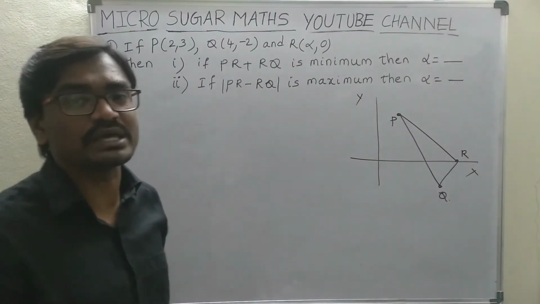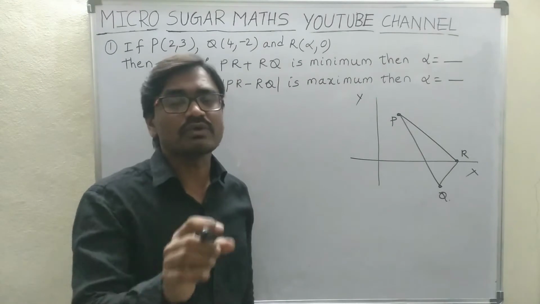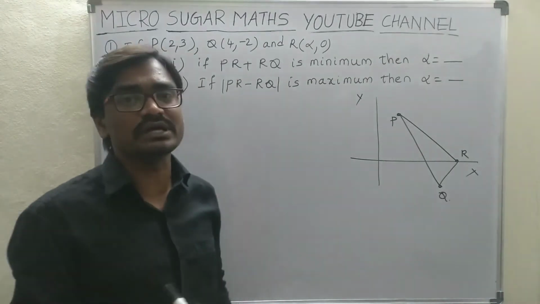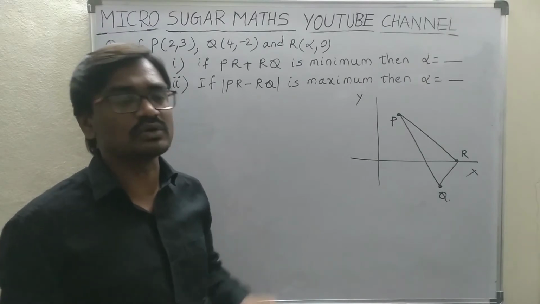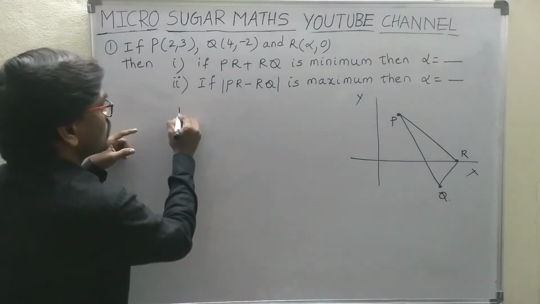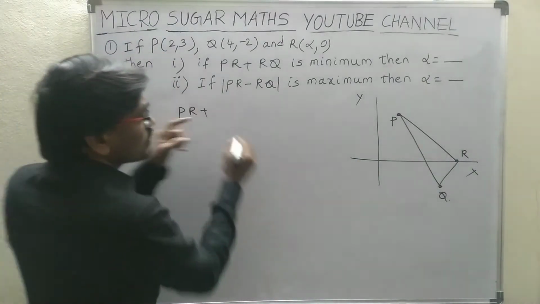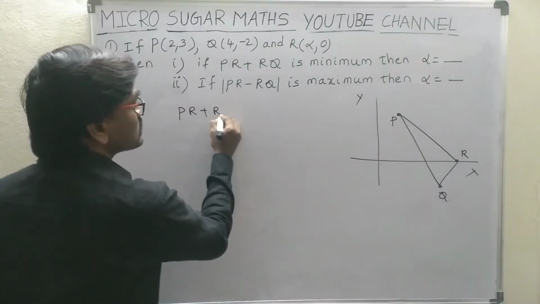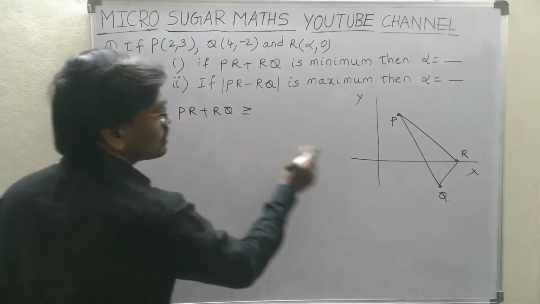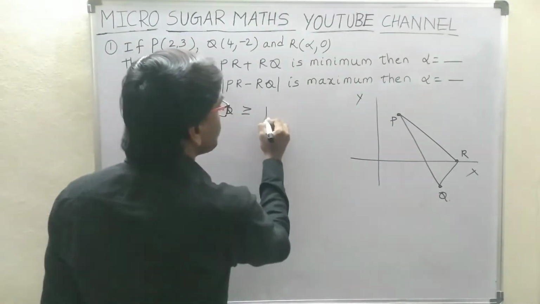Now students, apply the triangle inequality. What is the triangle inequality? The sum of two sides is greater than or equal to the third side. That is, your PR side plus RQ side is greater than or equal to the third side PQ.